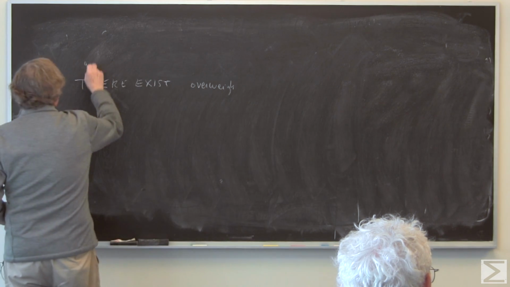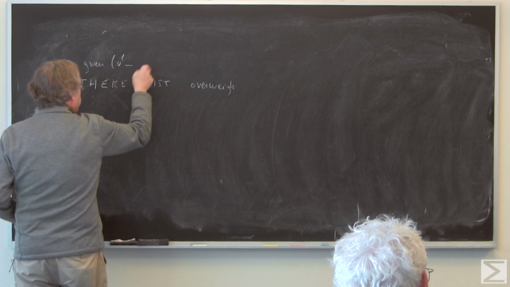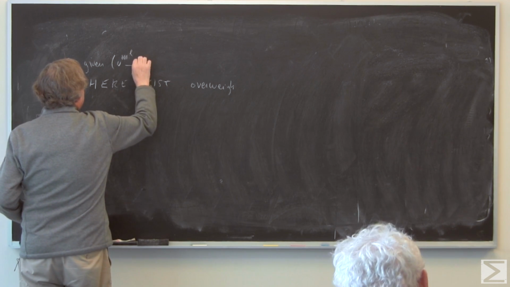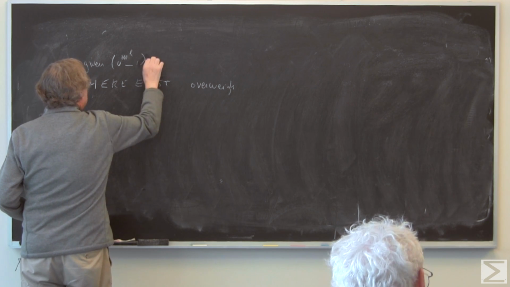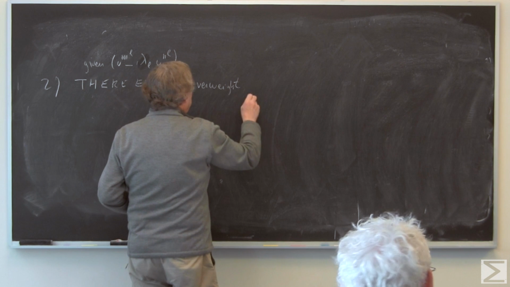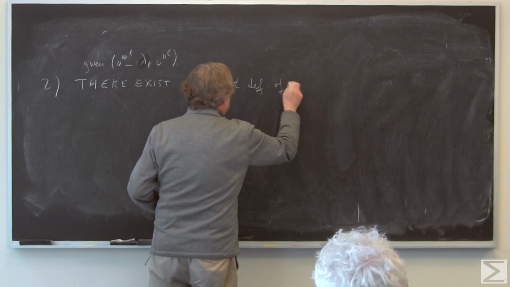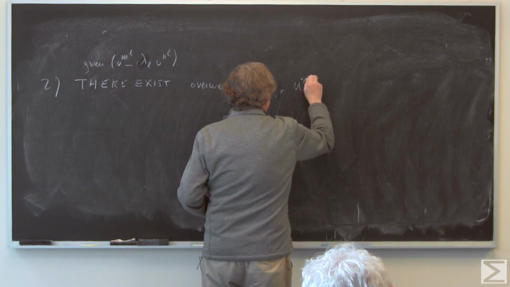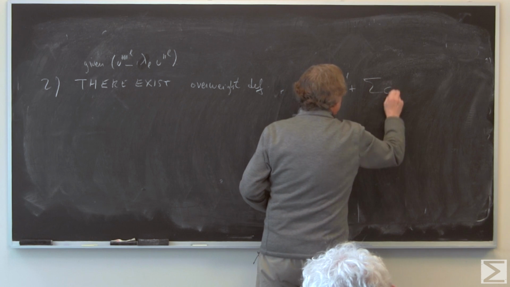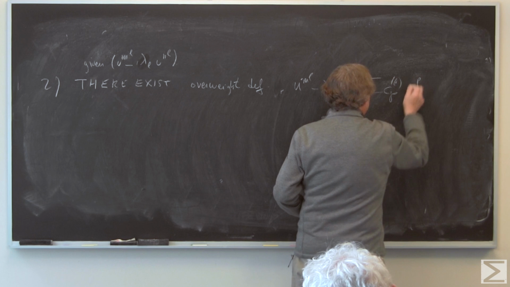I should say, given a system of generators of the kernel of the graded map, there exist overweight deformations of the binomials. So now we're talking about infinitely many equations, of course.